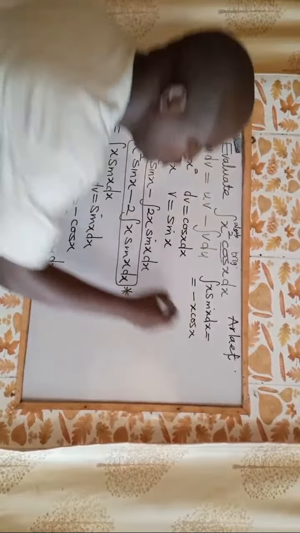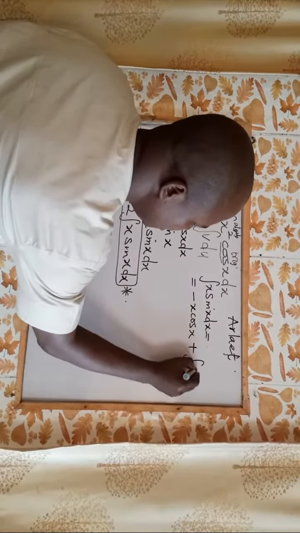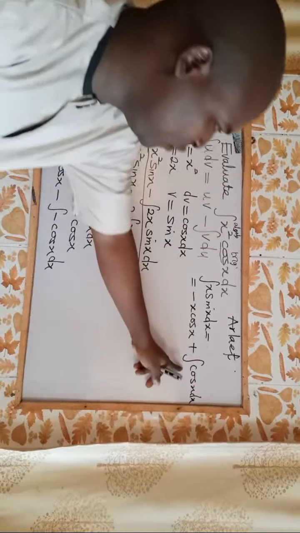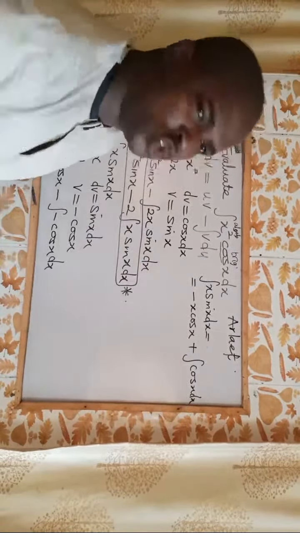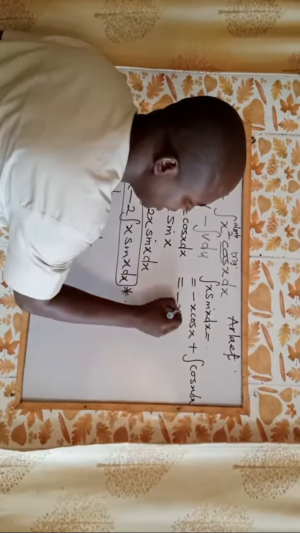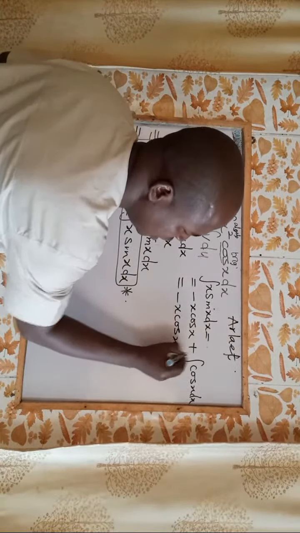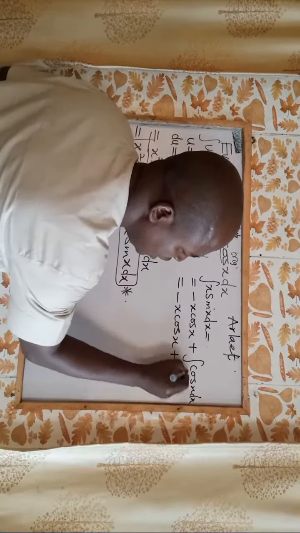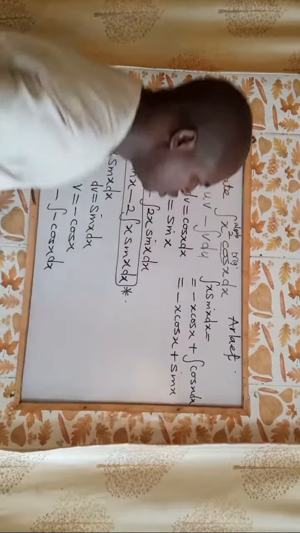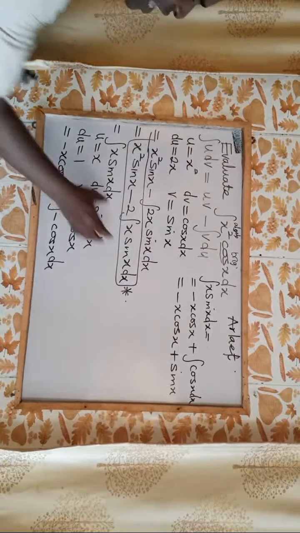Minus times minus gives us plus integral cos x dx. If you integrate this cos x, we get sine x back. So this gives us minus x cos x plus sine x. From here, we have gotten an answer for this.